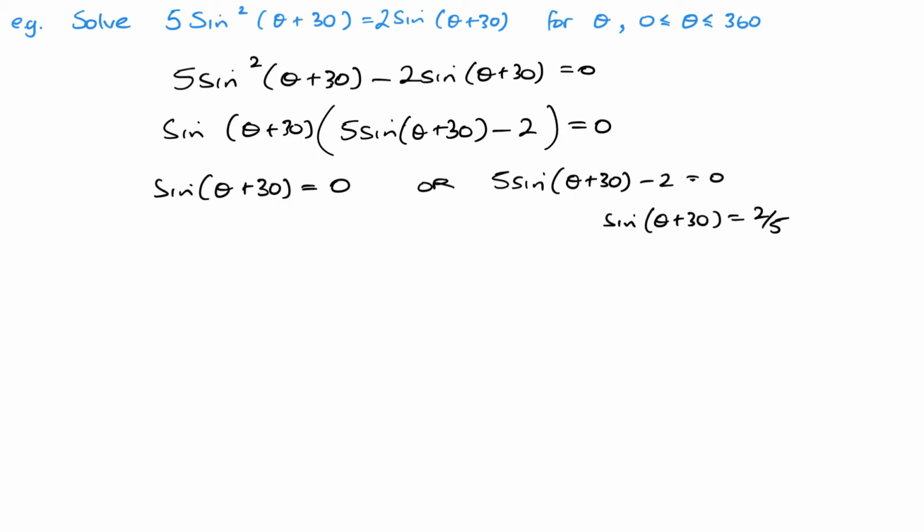Okay, really, really important. Now, I can go ahead and solve from here as we did previously, but what I'm actually going to do is rewind a few steps, because we've got here theta plus 30 and it's not very nice to use. So let's replace that, but let's replace it at the start and that'll make our lives so much easier.